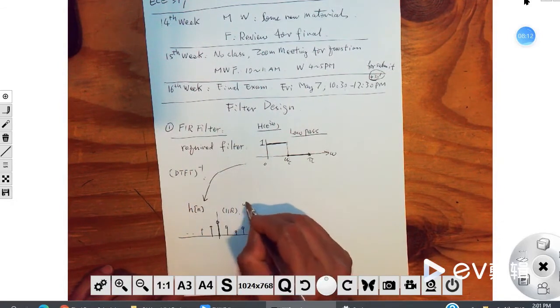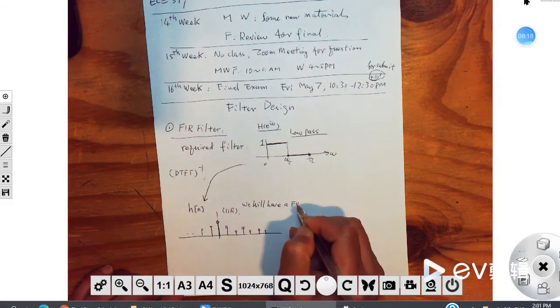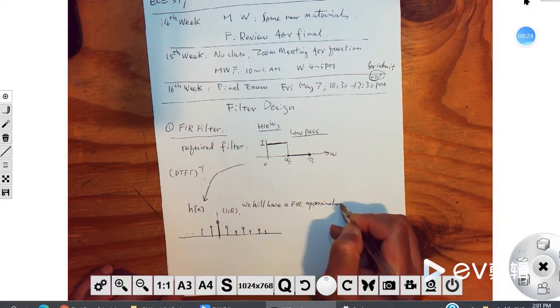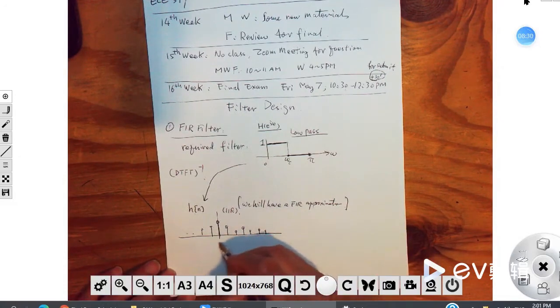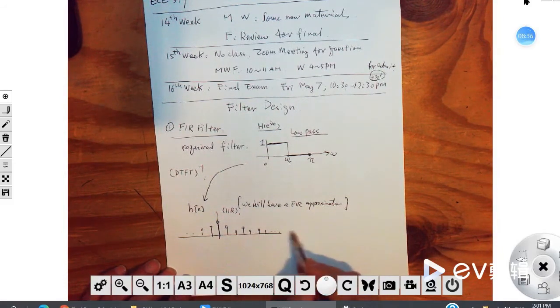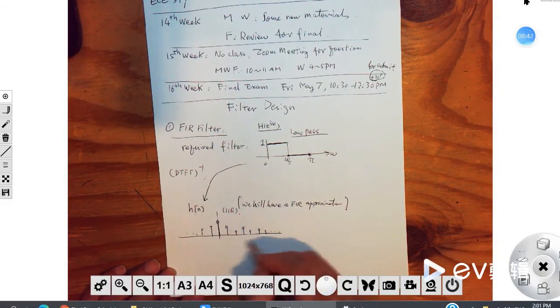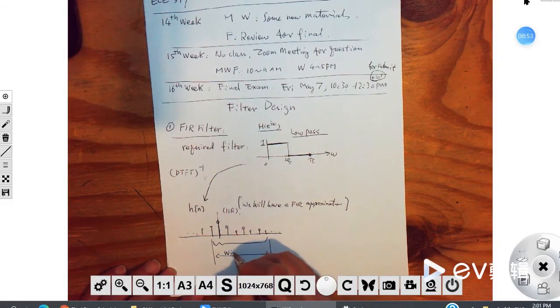But we will have an FIR approximation. How to do it? This one is IIR, so you have infinitely many non-zero values in this impulse response. We just pick some of it. For example, we pick this, and we call this a window.